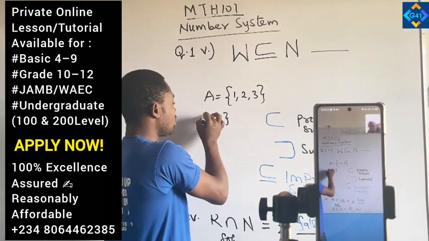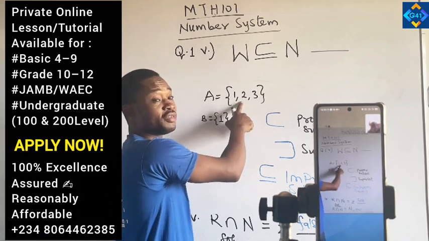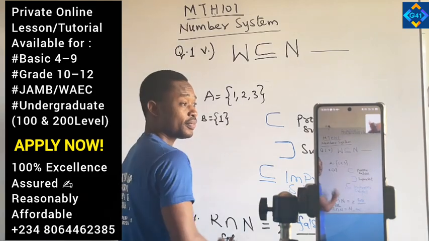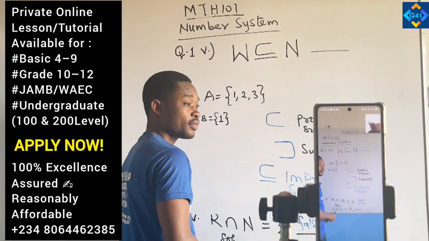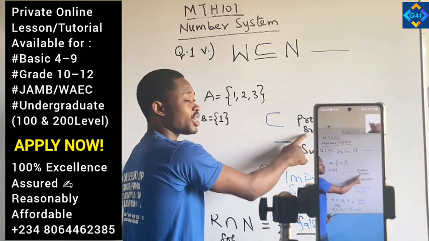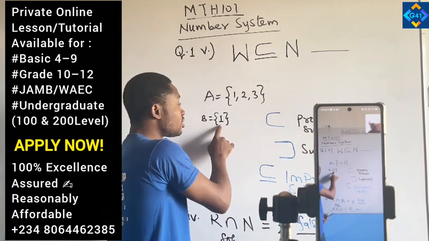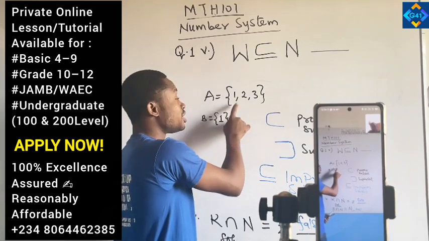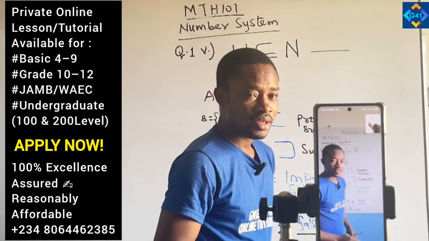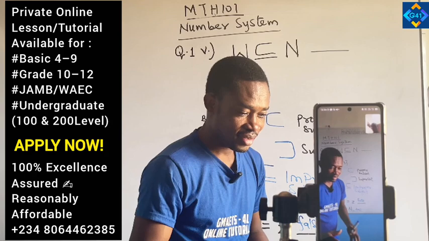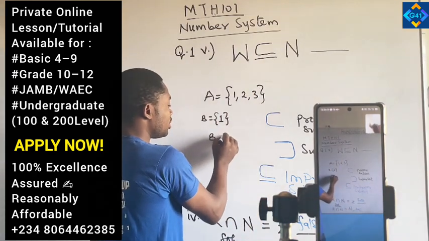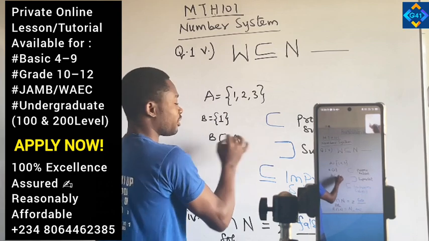Let me call it B. B is a subset of A because the element inside B is fully in A. Are you getting me right? Yes. This subset, B as a subset of A, is called proper subset, because it contains an element which is in A, but it does not contain all the elements in A. Do you understand that? Yes. So I can simply say that B is a proper subset of A.